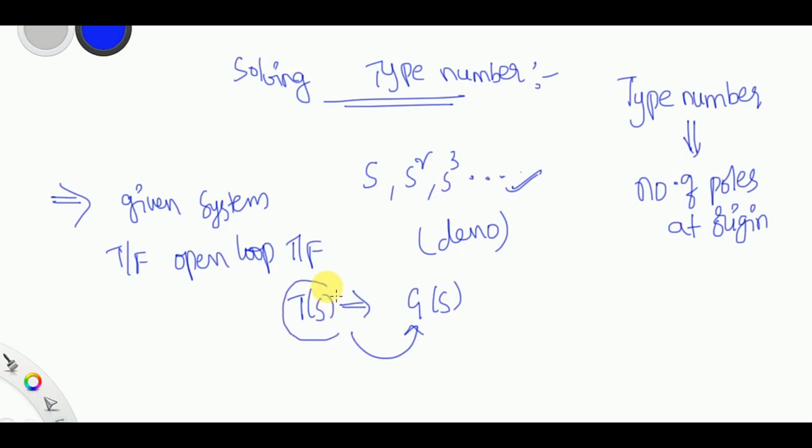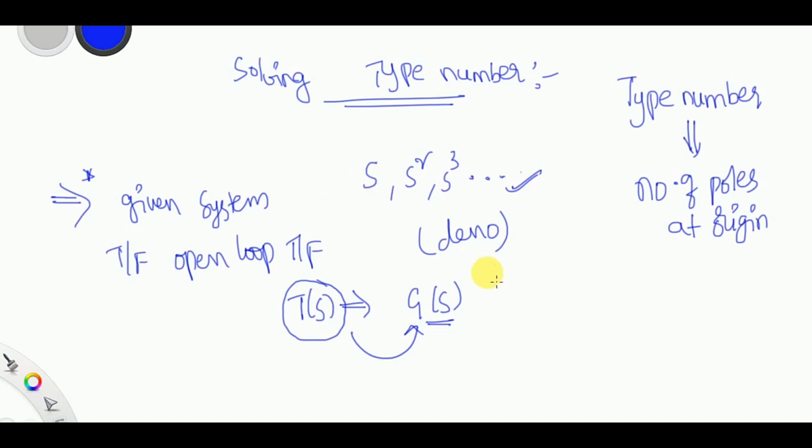T of s represents the transfer function of the closed loop system, and G of s represents the transfer function of the open loop system. The type number is explained for open loop systems only.